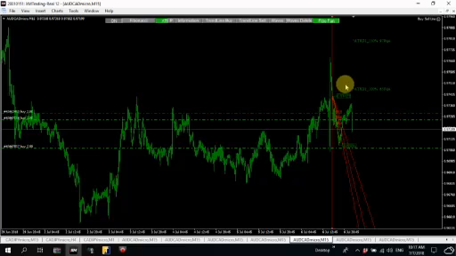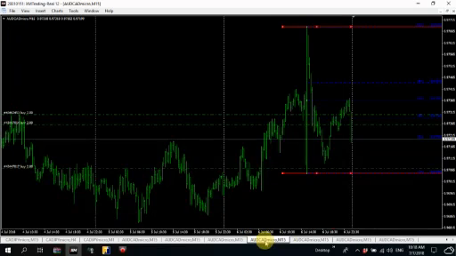Now, this brings me back to this best one I'm talking about. This is one of the best tools ever. Horizontal channel line with Fibo. This is one of the best.